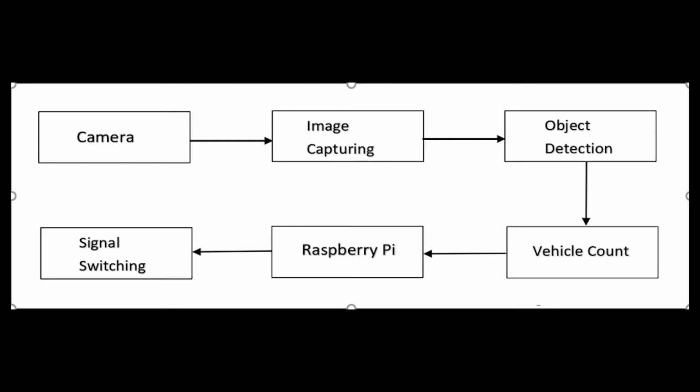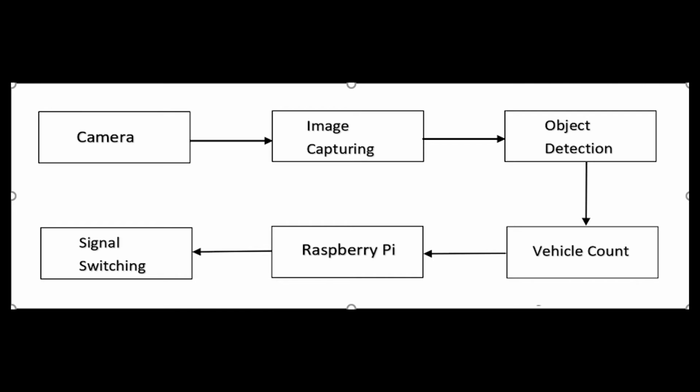Video from all sides of the road is sent to the model, where vehicles are detected and the count is stored. This count is sent to the Raspberry Pi where the computation is done, and on the basis of vehicle density, time is allotted to each side of the road. The main task was to make this project presentable, so we came up with a GUI to demonstrate our machine learning algorithm.